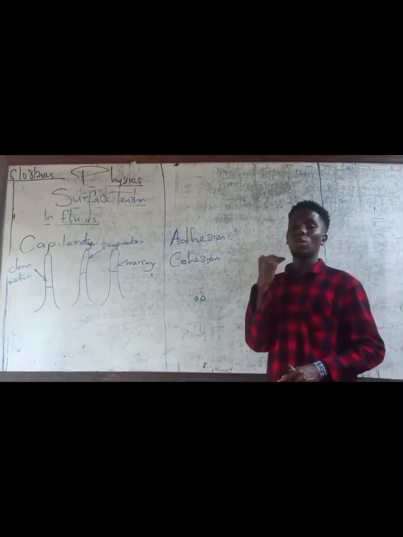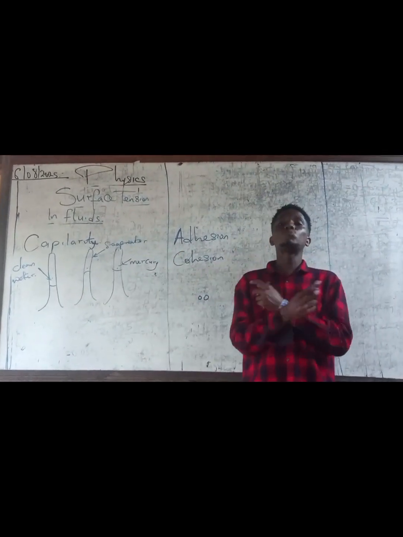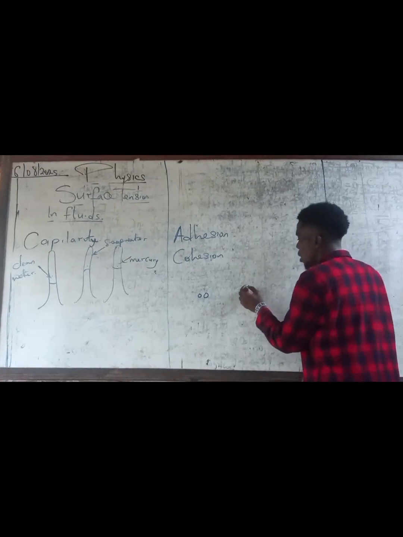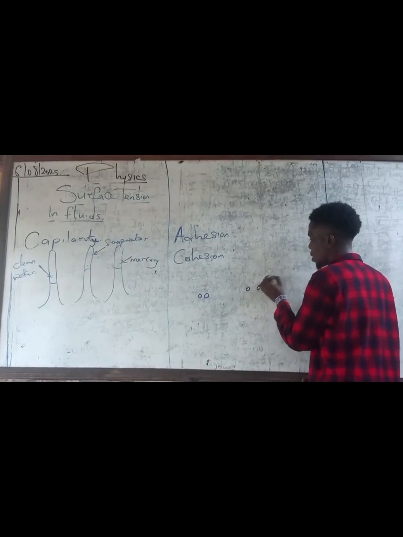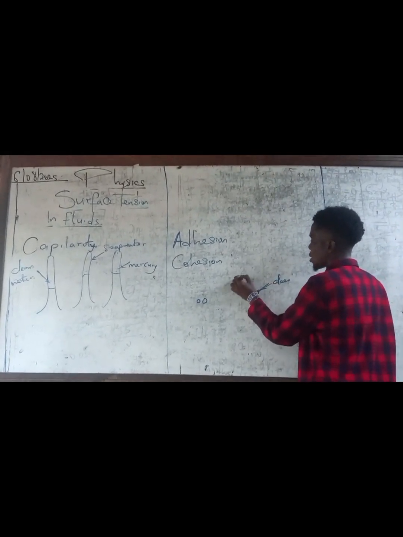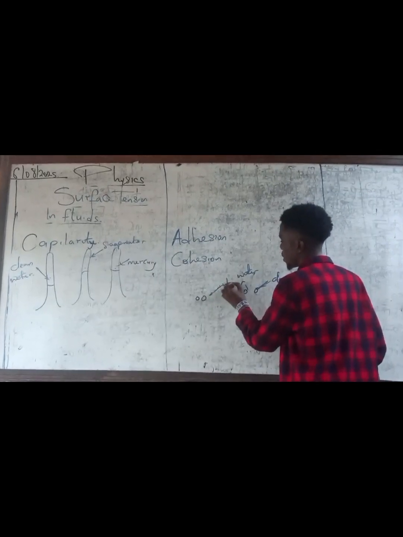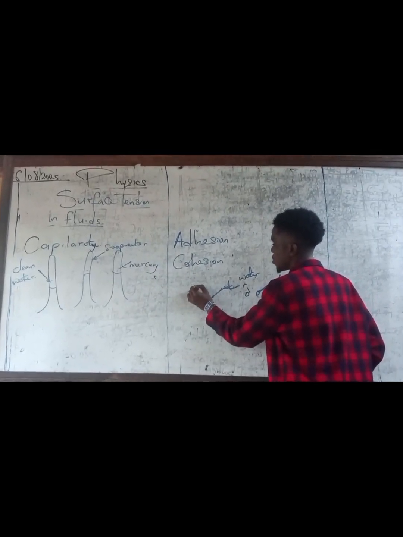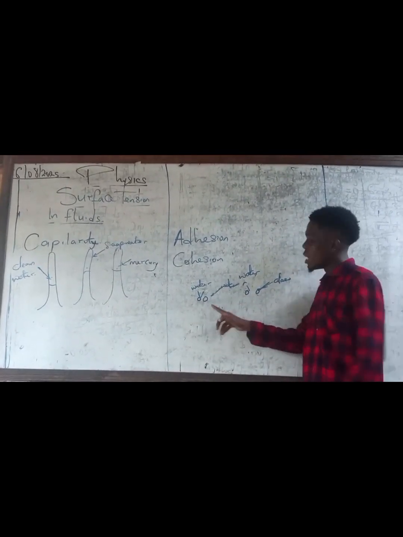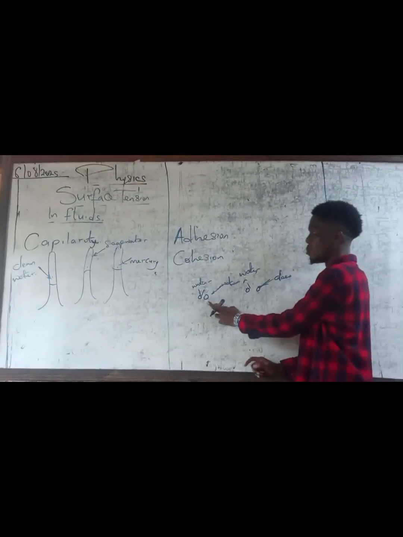And now, adhesion. What is adhesion? Adhesion is the force of attraction between 2 molecules of different kinds. So you have molecules of water and molecules of glass, for instance. This is glass, this is water, this is water, and this is also water. The force of attraction between these 2 is what we call cohesion, because they are of the same kind: molecules of water, molecules of water.